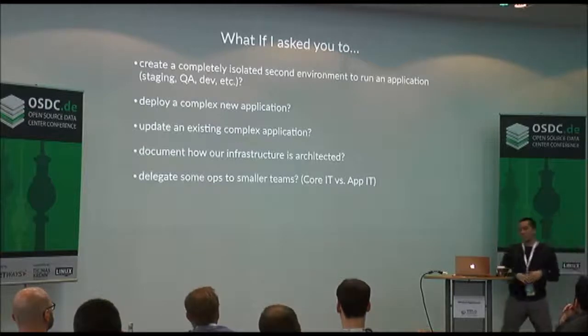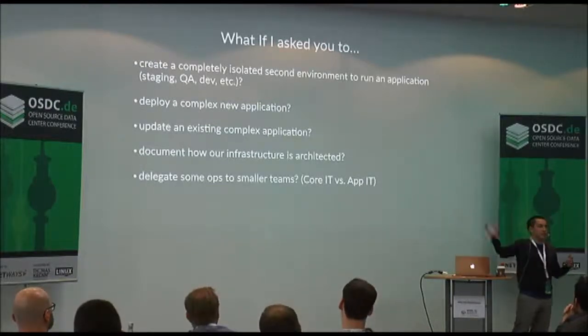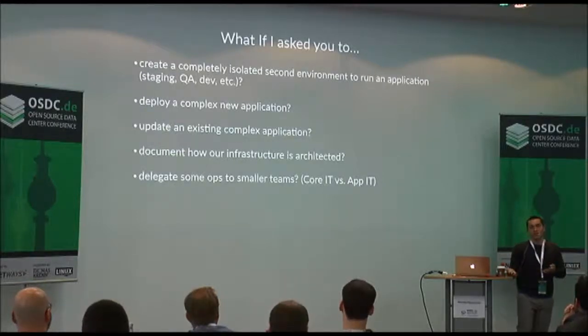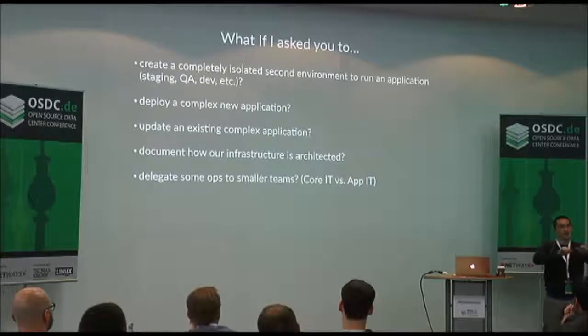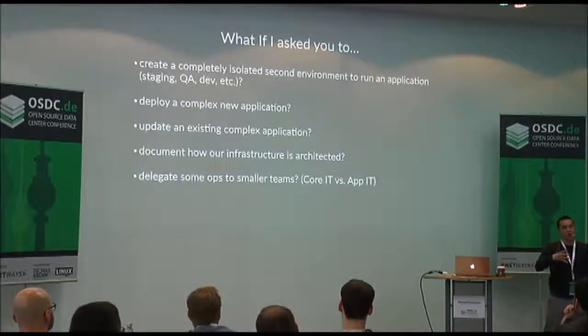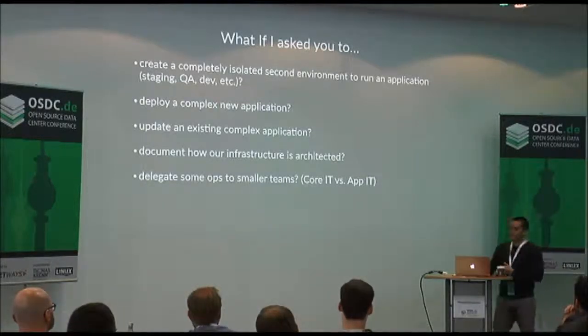Well, I'll get to the answers after this. And then finally, how do you delegate some of the operations to these smaller teams, whether they're developers or operators that are on development teams that are outside of what I like to call core operations? How do you delegate that sort of stuff?